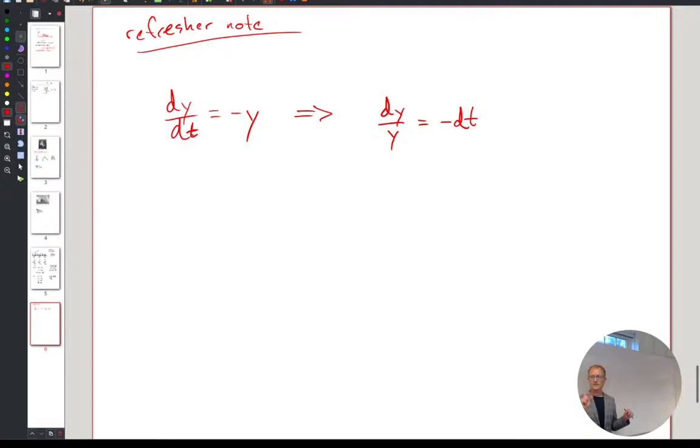They're just different functions. It is connected to y, but it's an independent variable from y. And once I have dy over y, really this is the integral of 1 over y dy equals the integral of negative 1 dt.